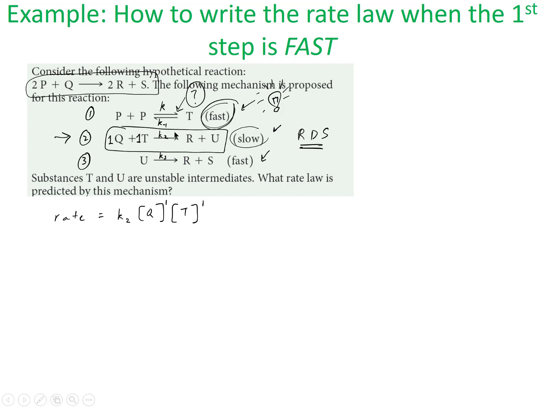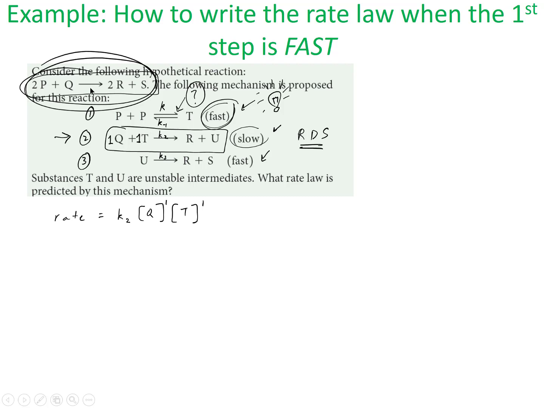So T gets consumed here, and this is not desirable. It's not desirable to write the rate law in terms of one of the intermediates because we can't control T. We don't know what T is. Remember, our overall reaction is this, right? So T essentially doesn't even exist. It's some weird unstable thing that we can't control.